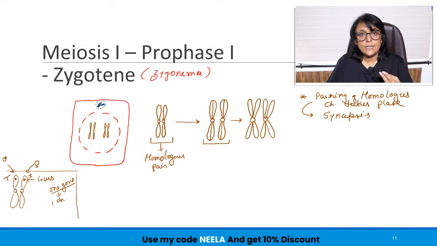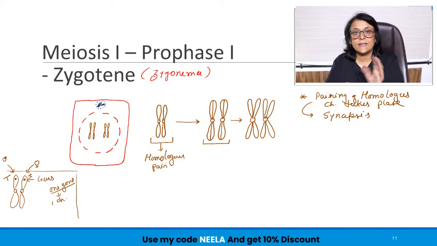In leptotene, condensation begins. That means the chromatin fibers start to become thicker as condensation has started. So in zygotene, now you are starting to see the little rod-like chromosomes which are visible here. Every chromosome has two sister chromatids. Remember what happened in S phase of interphase? DNA replication.